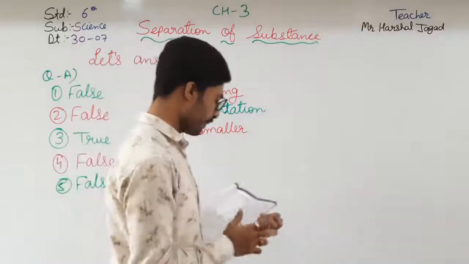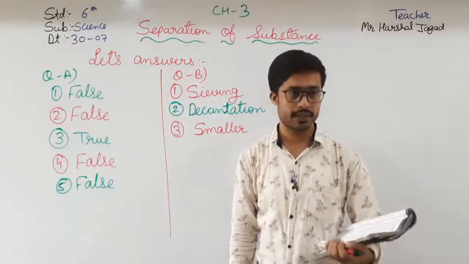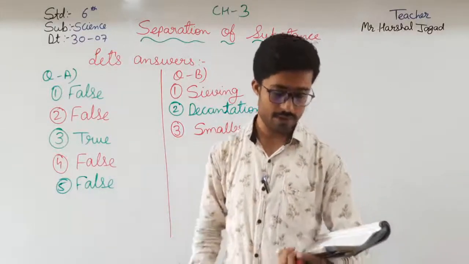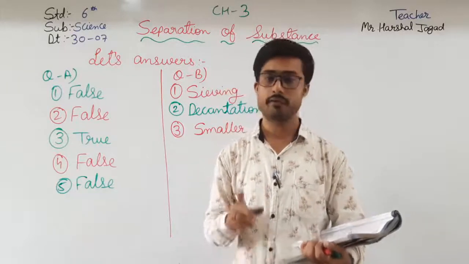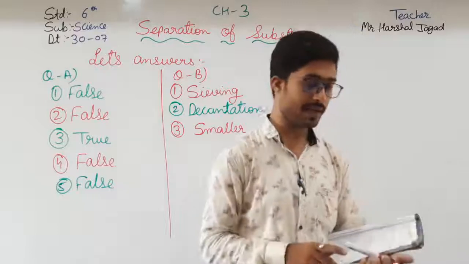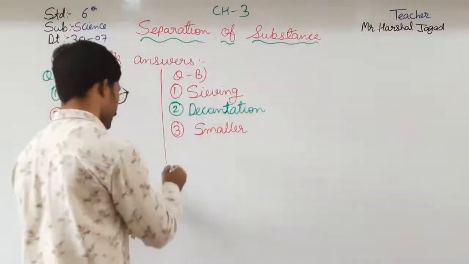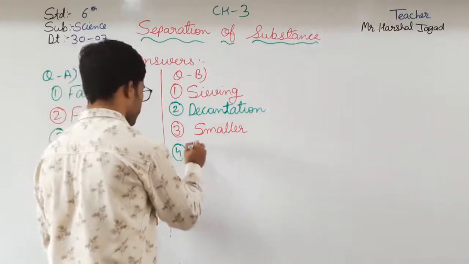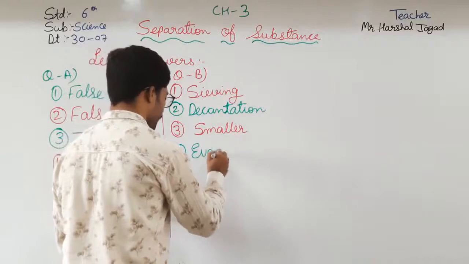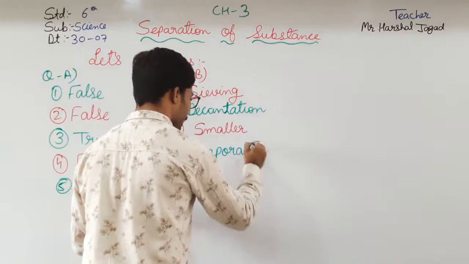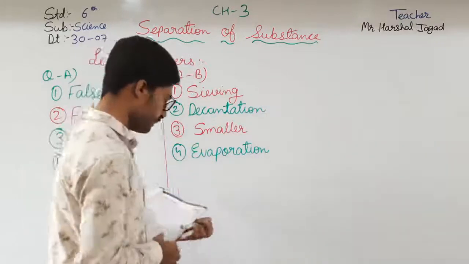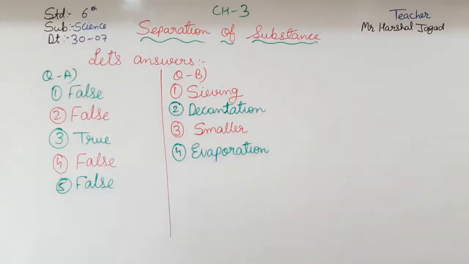Small. Fourth: a mixture of common salt and water can be separated by evaporation or filtration. So here it will be separated by the evaporation process. Please write down the answers, students. I am giving you some time.